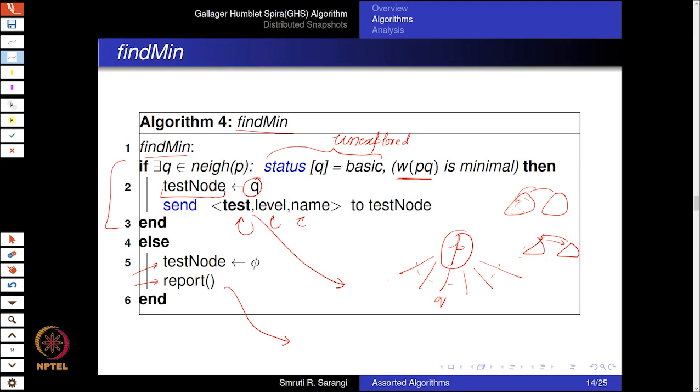After you have merged two fragments, it is the job of every single node in the merged fragment to look for further expansion. That is where we enter the find state. In the find state, every node needs to do its part, which means find all of its neighbors with a basic status, find the minimal weight neighbor in this set, and see if a connection with it can be initiated by sending a test message. If it doesn't find, of course, it should report.